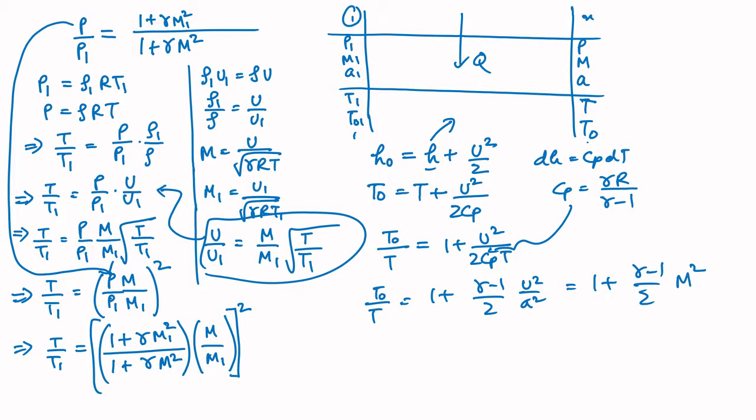Now, similarly, at this point T0 by T is the ratio between these two things. We can write T01 by T1 as 1 plus gamma minus 1 by 2 M1 squared. We will come to this plot later, do not worry about it.